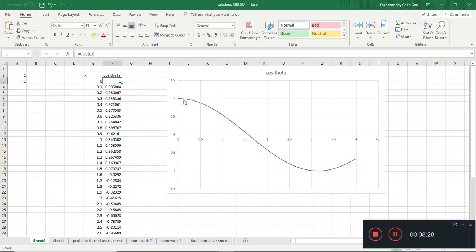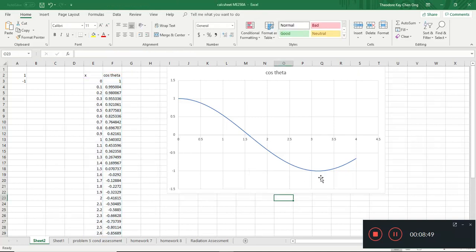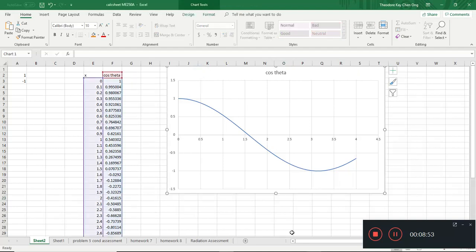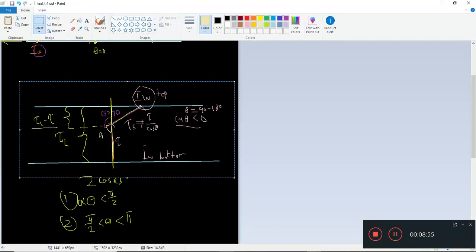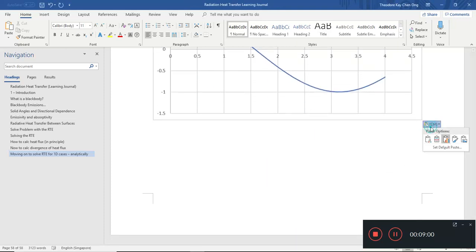Okay, so you can see at pi by 2, which is around here, this graph has a kind of reflection effect after pi by 2. If you remember your trigonometry, and you should, let me paste it as a picture.